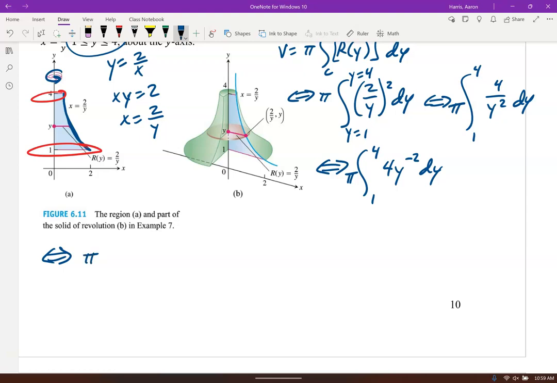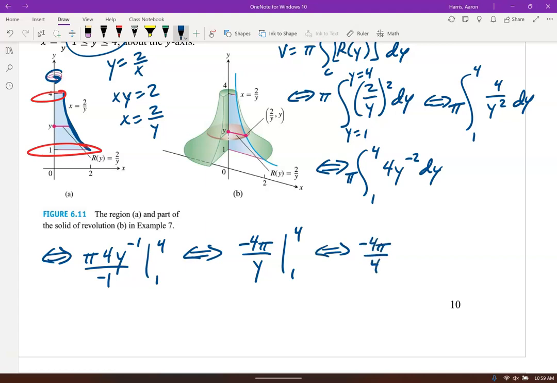Now let's integrate it. I've got 4y to the negative 2 plus 1, negative 1, over negative 1, from 1 to 4. Clean that up. So I've got negative 4 pi all over y from 1 to 4.